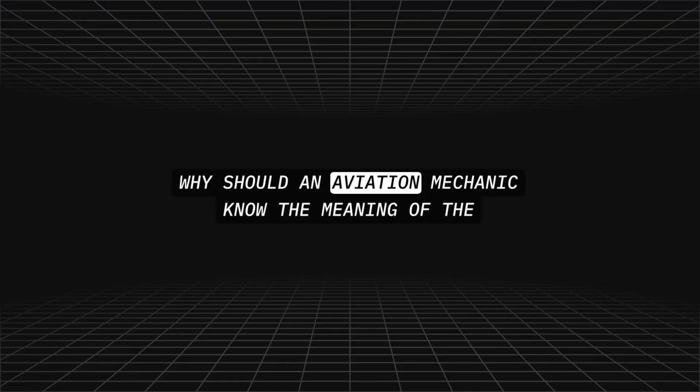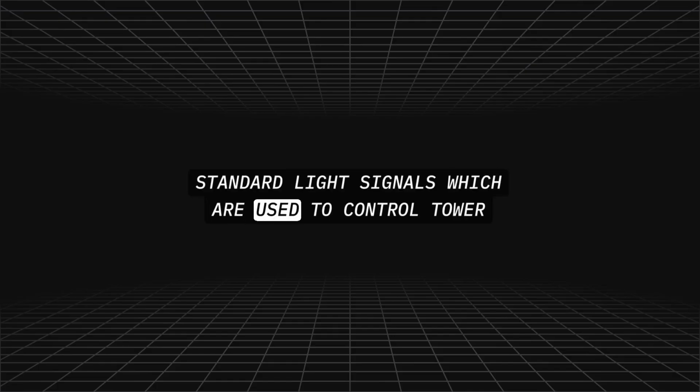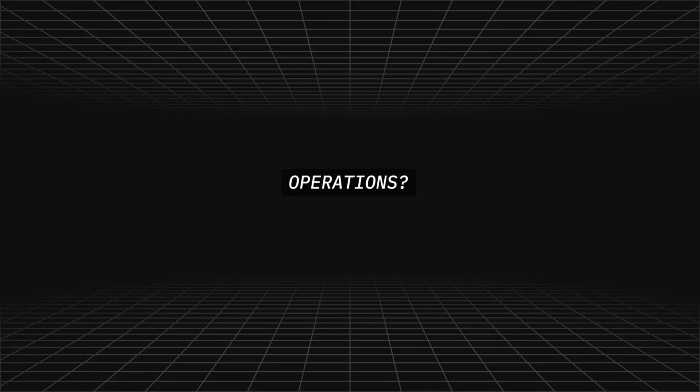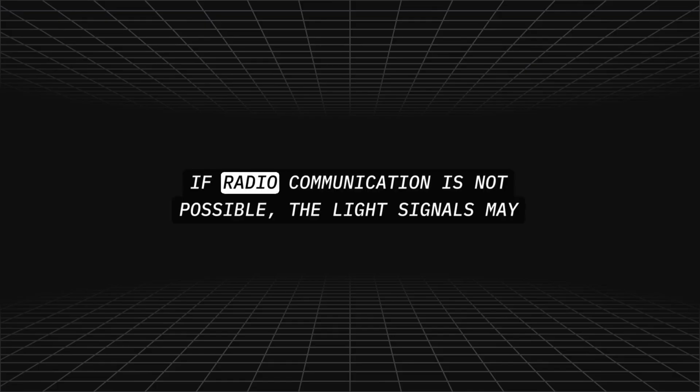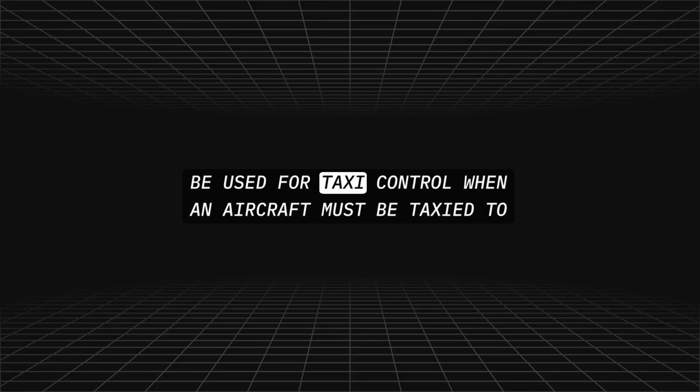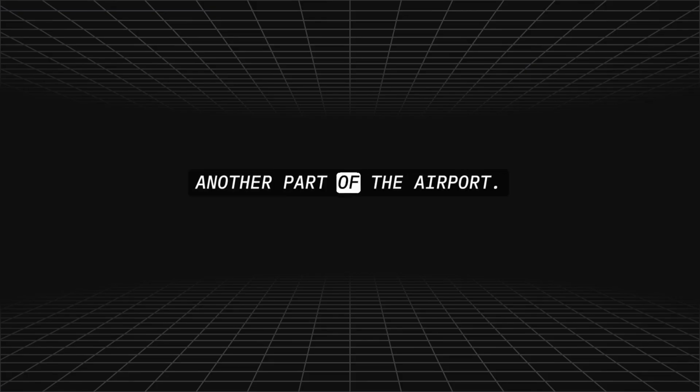Why should an aviation mechanic know the meaning of the standard light signals which are used to control tower operations? If radio communication is not possible, the light signals may be used for taxi control when an aircraft must be taxied to another part of the airport.